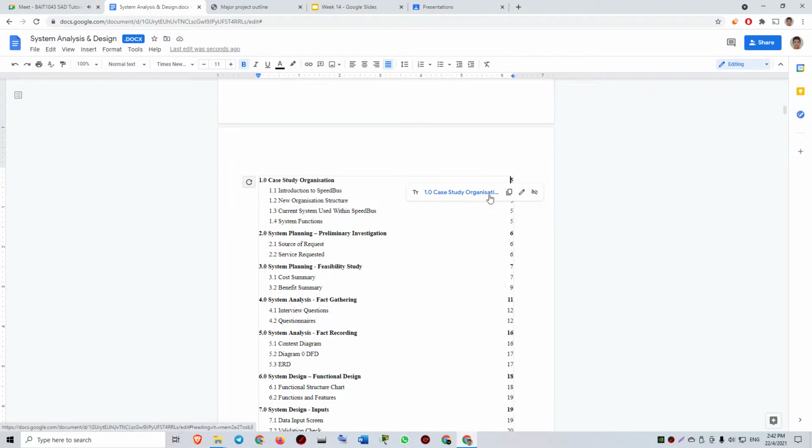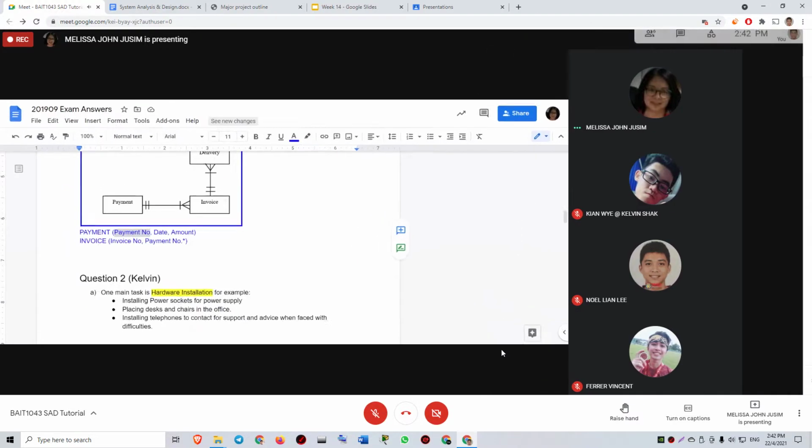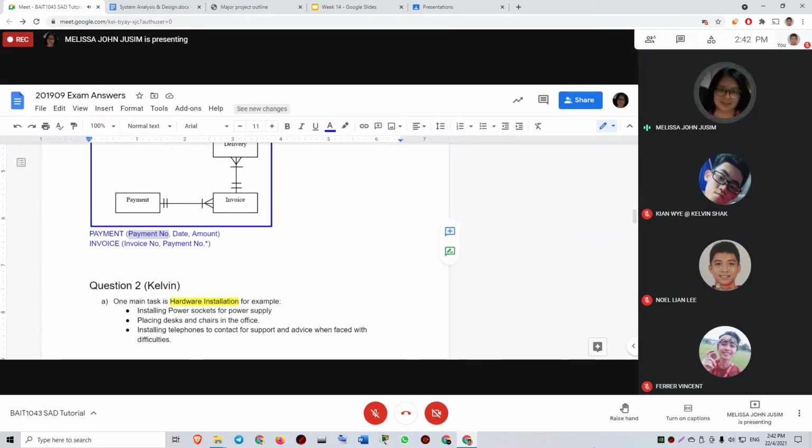Here, payment number should be the PK. Let me underline this. This is a PK. And then invoice number is the PK.